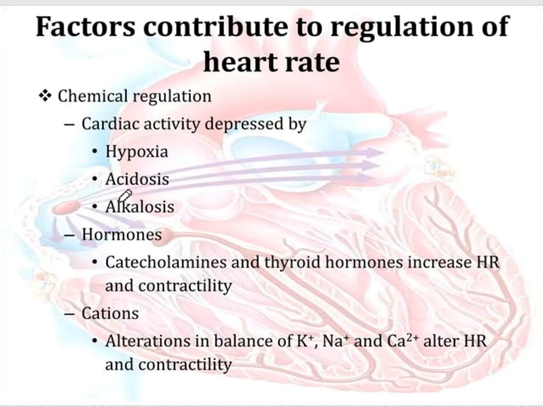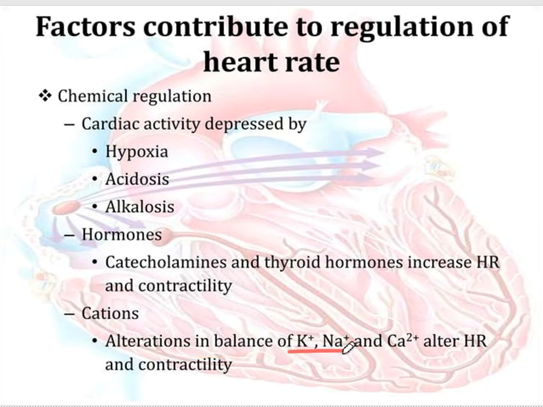Major acidosis, such as respiratory acidosis, will affect the heart rate. And hormones, such as the catecholamines or the thyroid hormones, increase the heart rate and the contractility. Many times the catecholamines have an ill effect on the heart rate.